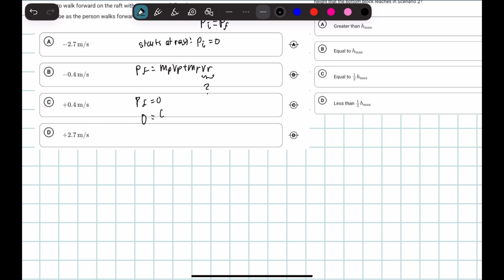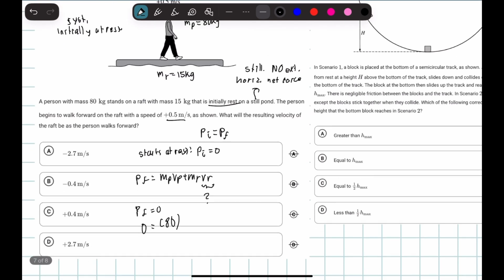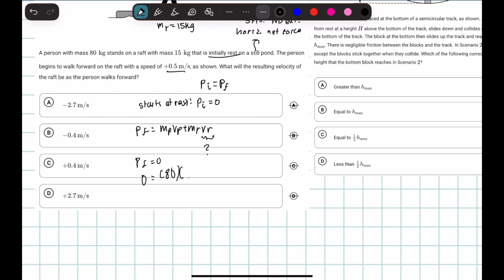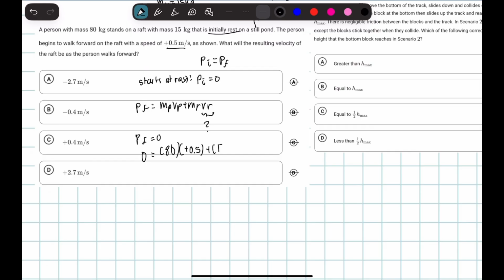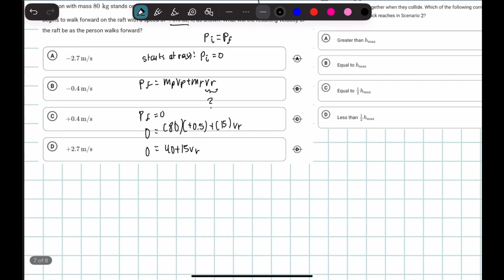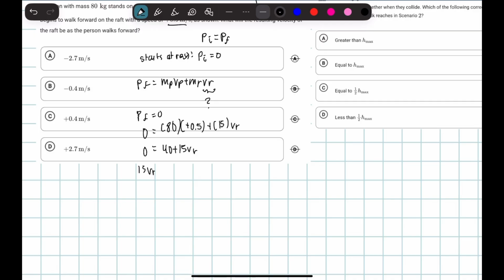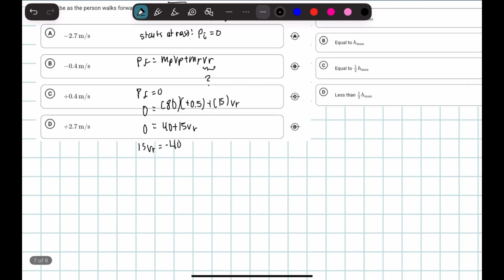So then you have 80 for your person's mass, times the velocity, and then you have 15 for the raft, VR. That's going to be 0 equals 40 plus 15 VR, so 15 VR equals negative 40.